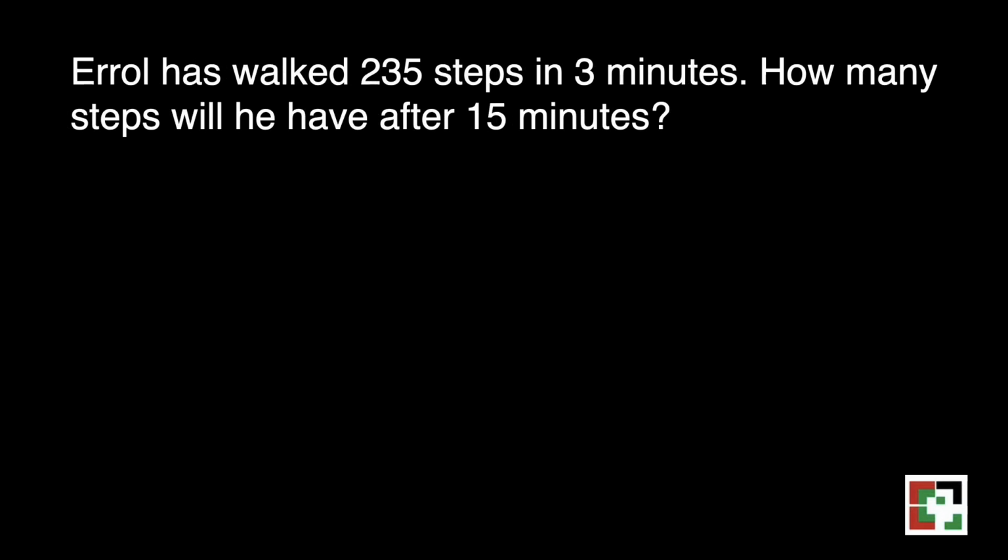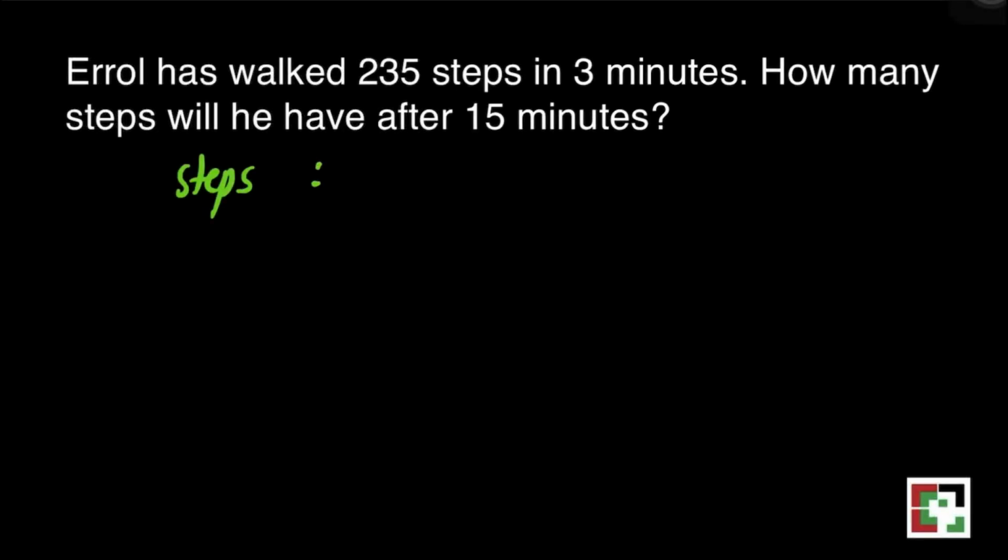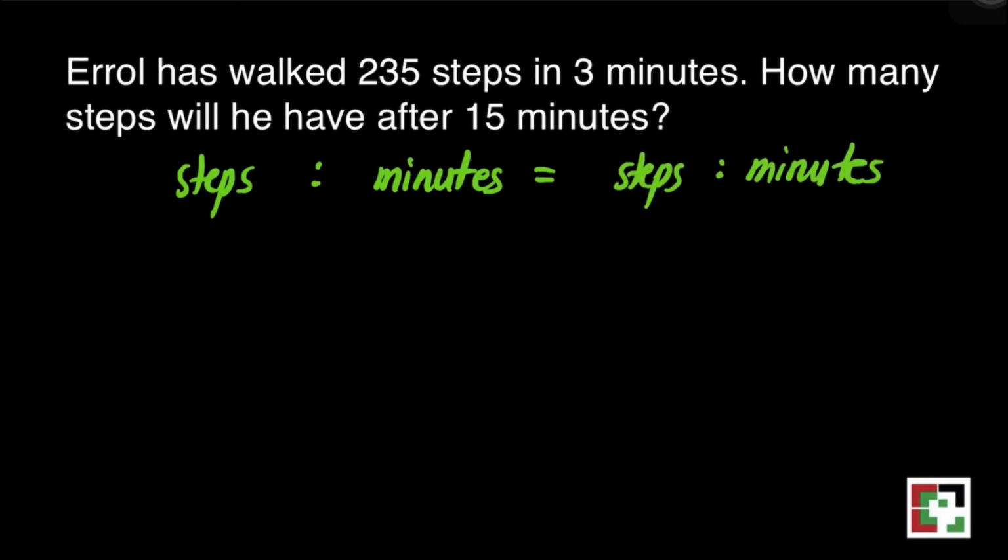And for the last problem that we have here, Arrow has walked 235 steps in 3 minutes. How many steps will he have after 15 minutes? We can write steps is to minutes equals steps is to minutes. Next, we can write here 235 is to 3 equals n is to 15.